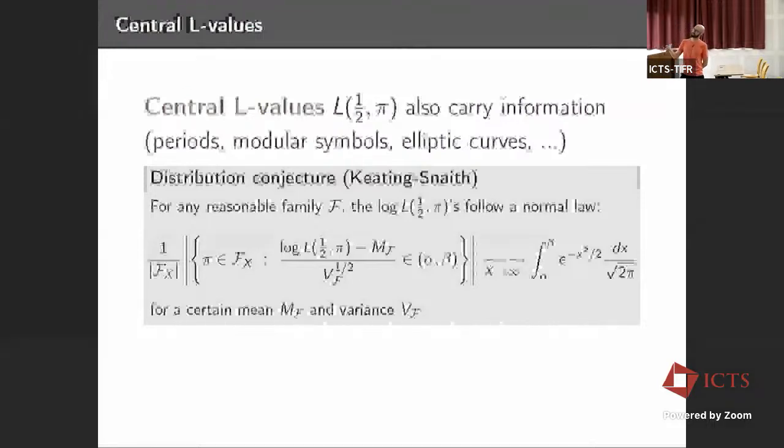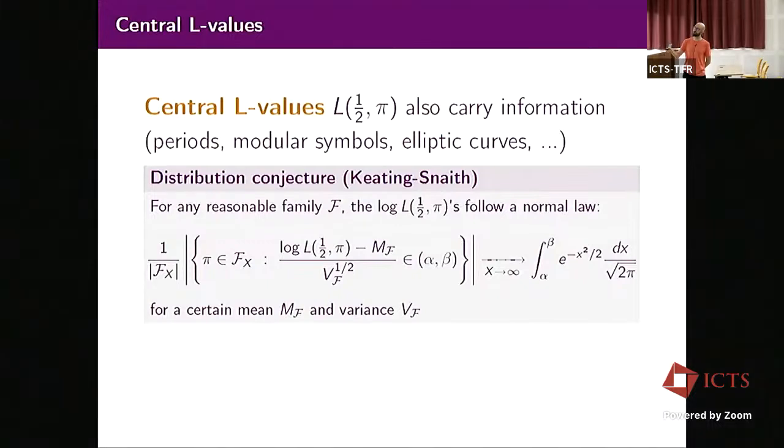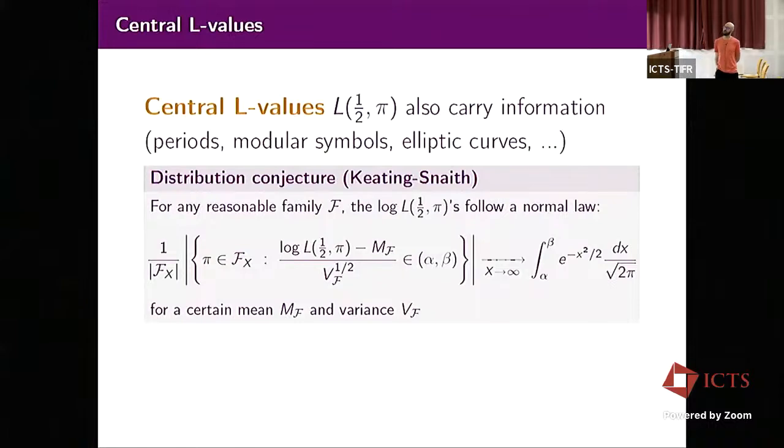The conjecture is due to Keating and Snaith, and says the following. For any reasonable family, which we don't define, the logarithms of these values are expected to follow a normal law, exactly a standard normal law, with a specific mean M and a specific variance V, on average.